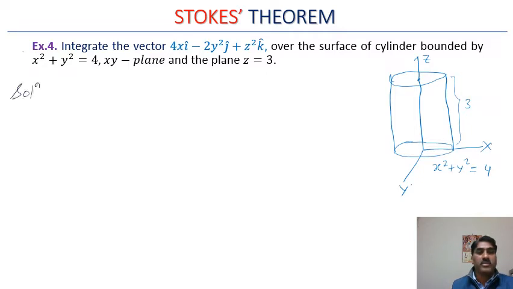So let us write the given vector as v is equal to 4xi minus 2y square j plus z square k.